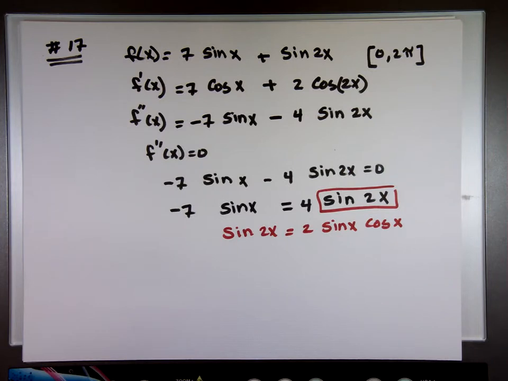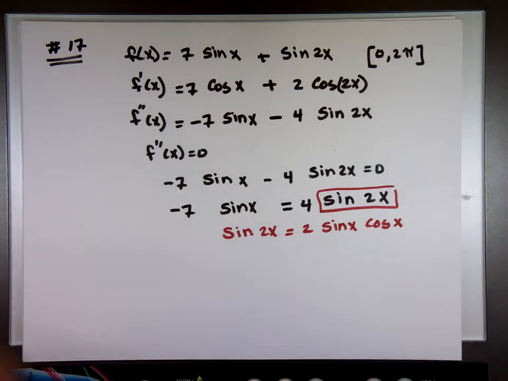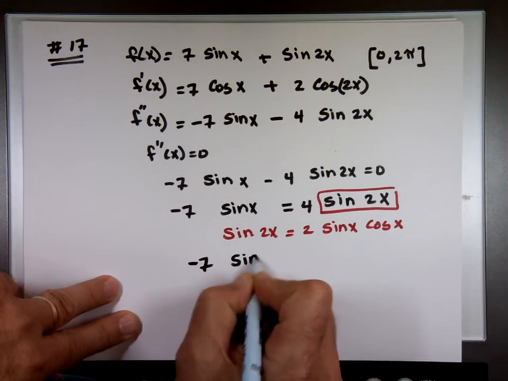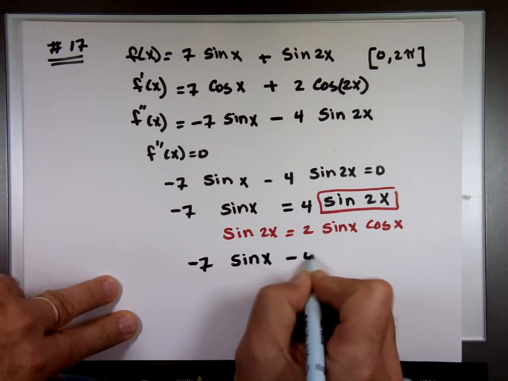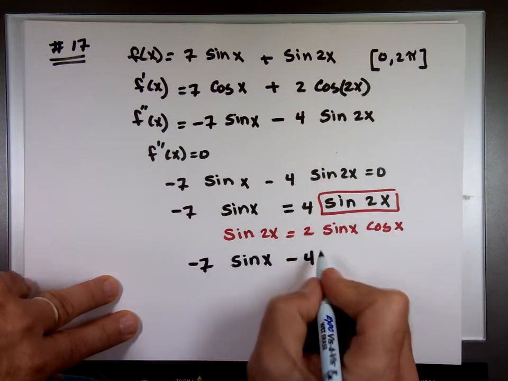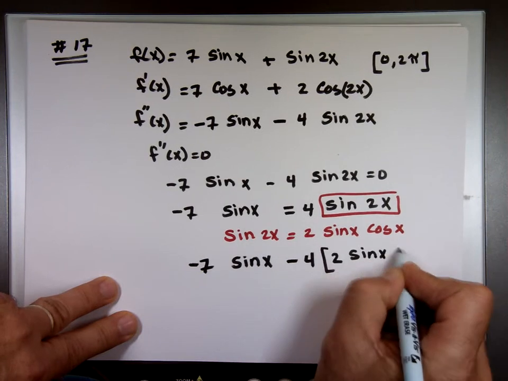Now you gotta solve it. I should have left them on one side. That should be easier. I'm bringing them back to one side. I'm going to replace sine 2x with what? 2 sine of x cosine x.